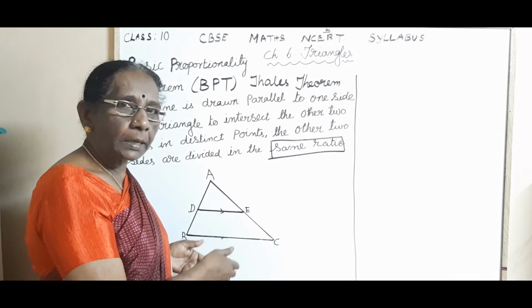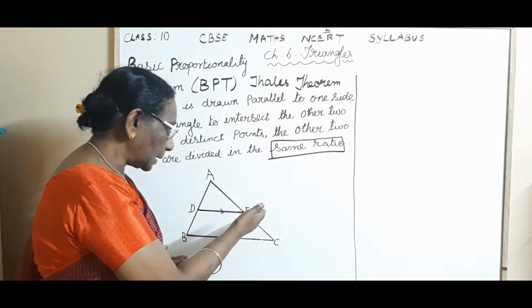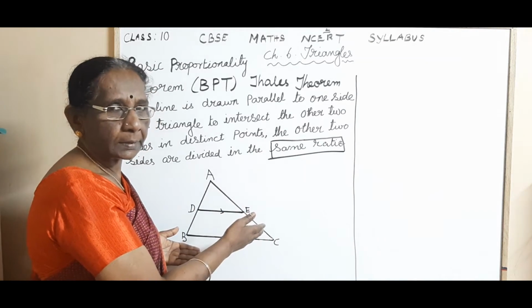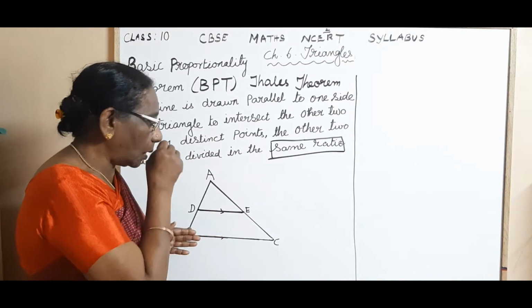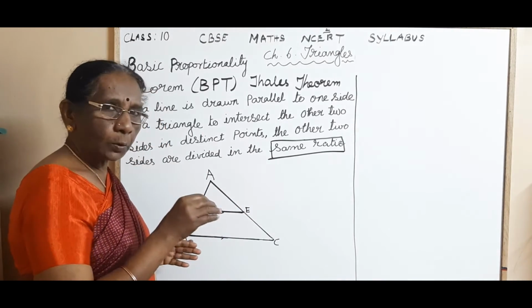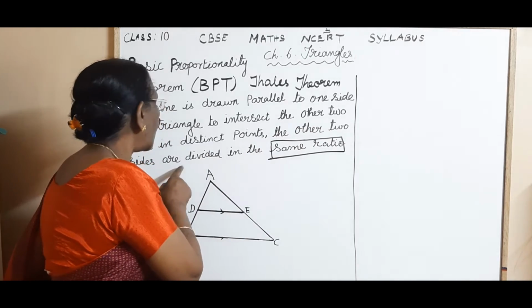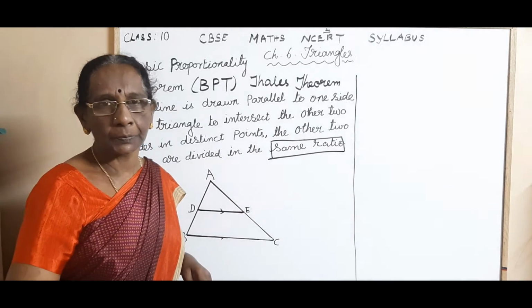When you draw a line parallel to one side, it will intersect the other two sides in distinct points. Have you understood what is given? Now, what you have to prove? The other two sides are divided in the same ratio.